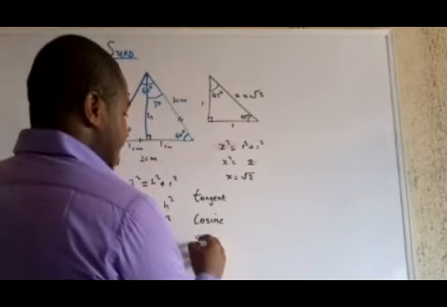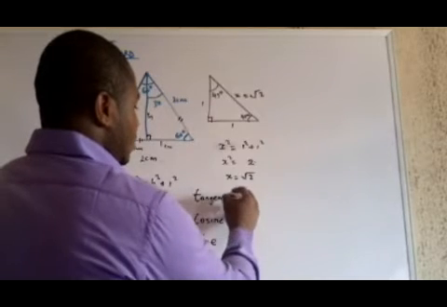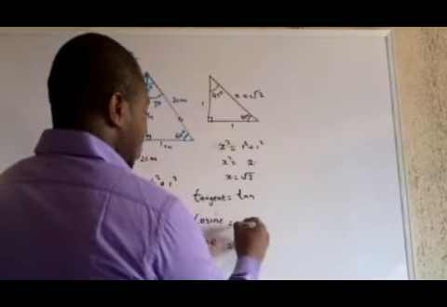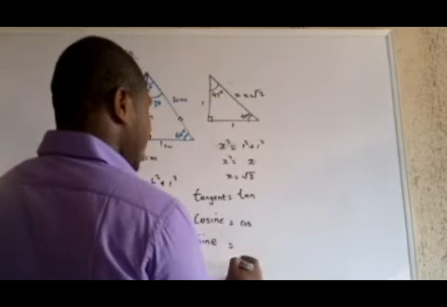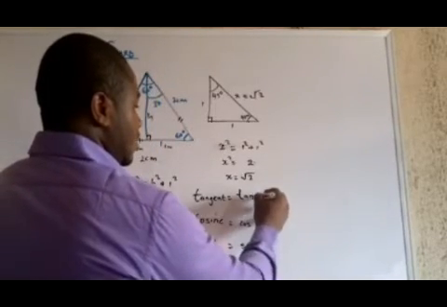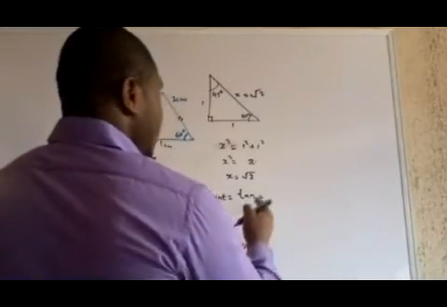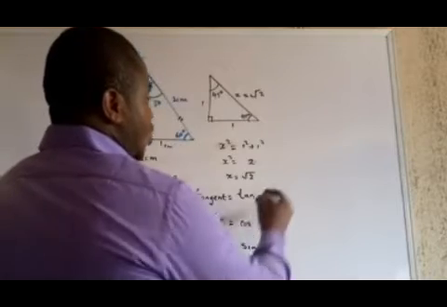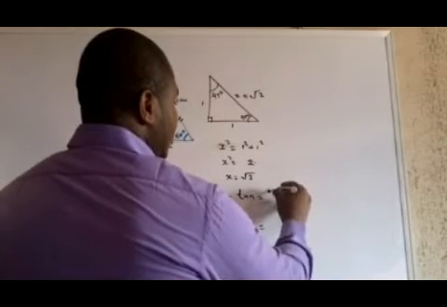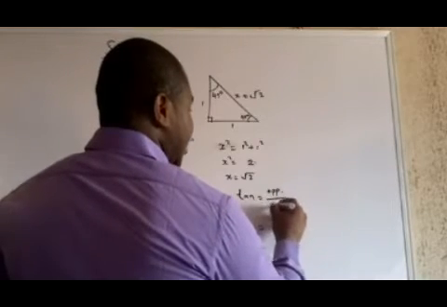Then we have sine of an angle. So we can call it tan. We can call this cosine, and then we can call this sine. Now we can say that for the tangent, we have the opposite for short, then we have the adjacent.